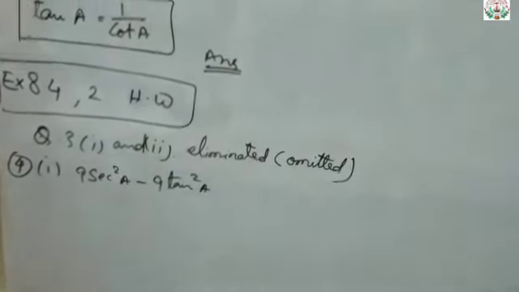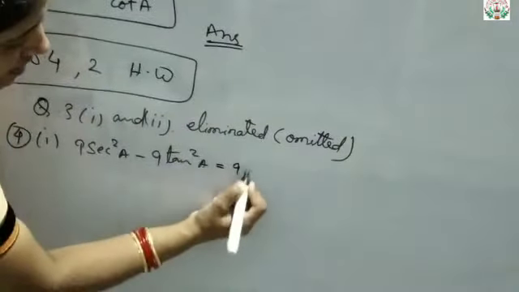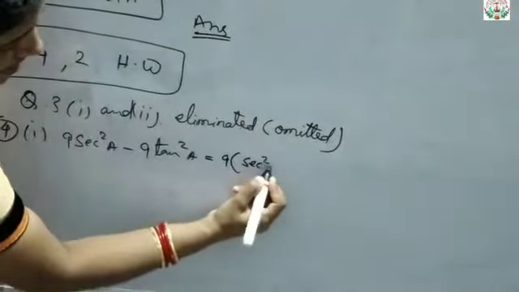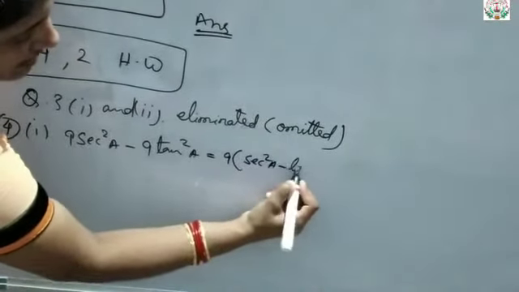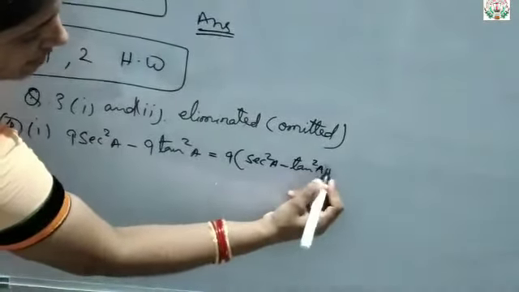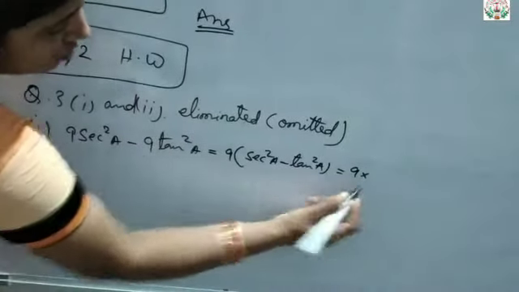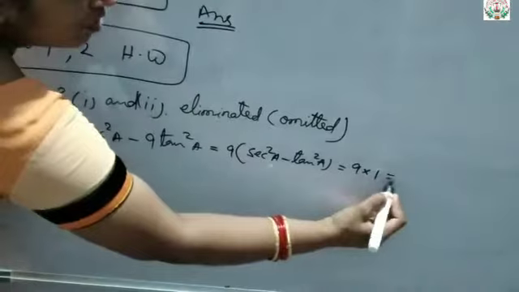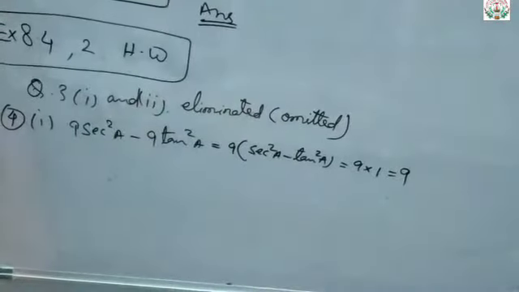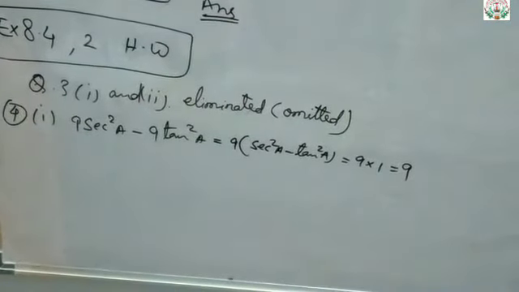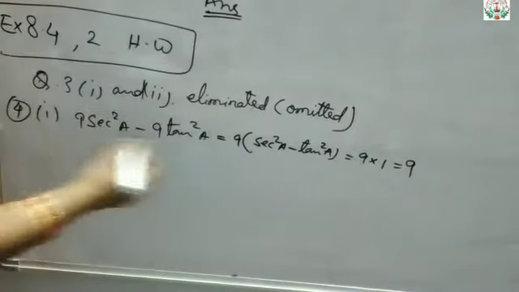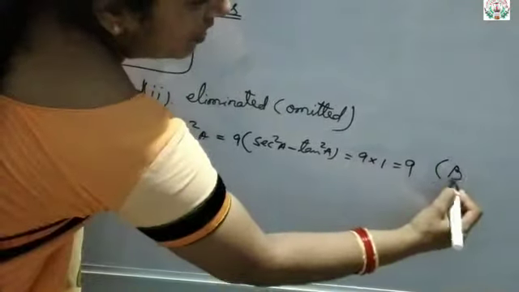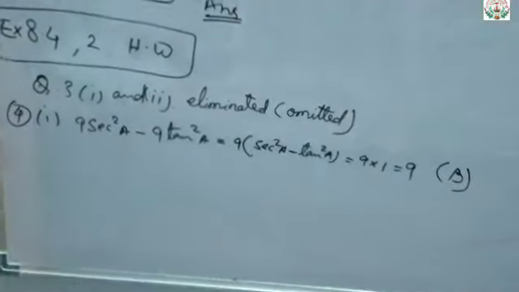Just take the common, 9, out. What will you get? 9 into sec square A minus tan square A. We know the formula I gave you, this is 1, so it equals 9. So is 9 given in the options? Yes, it is given. In which option? That is option B. So that is the correct answer.